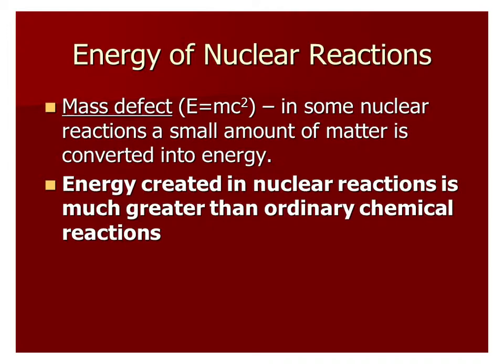So let's do a little writing here. Here's my equation, E equals mc squared. Let's say I had 1 kilogram of material, and we're going to convert it all into energy.